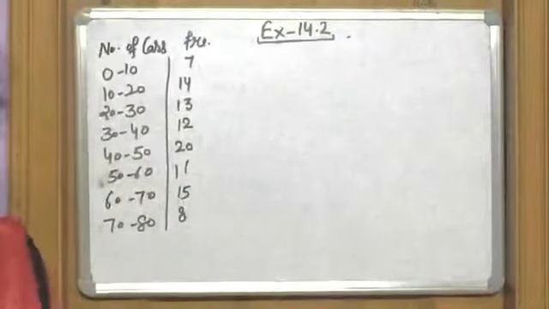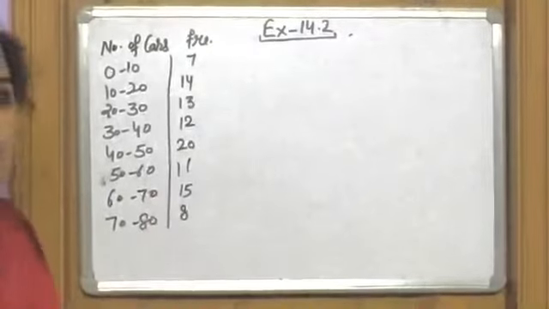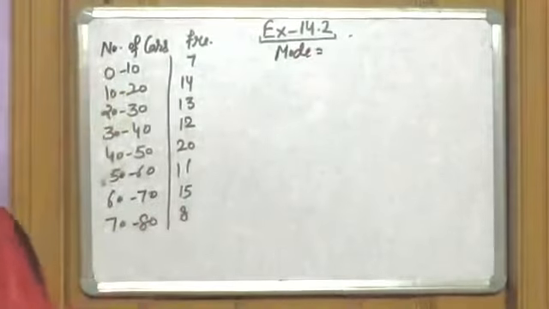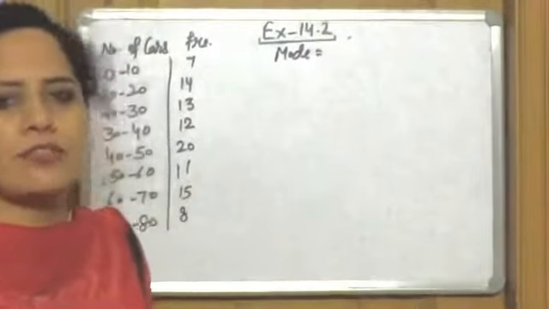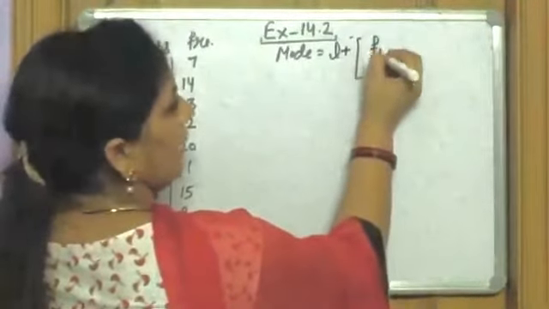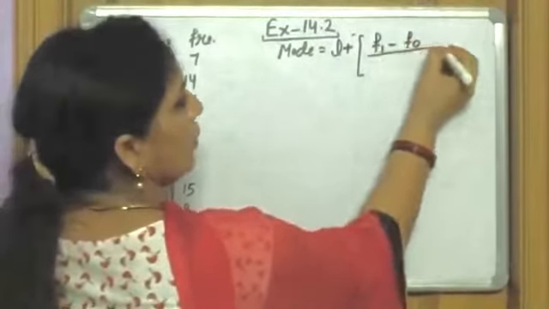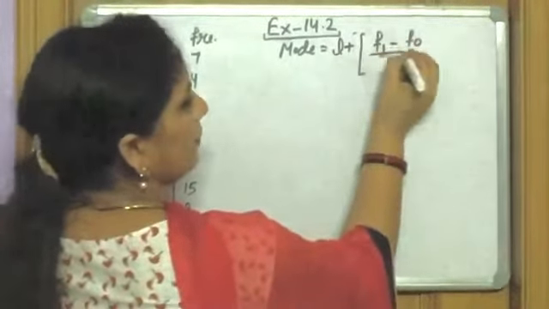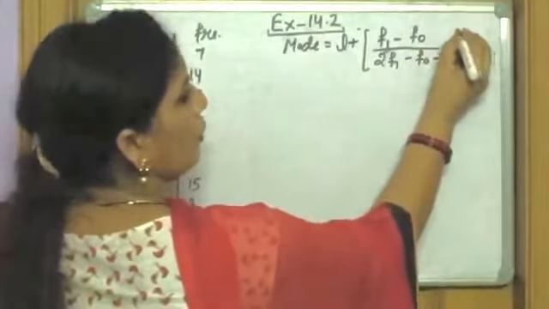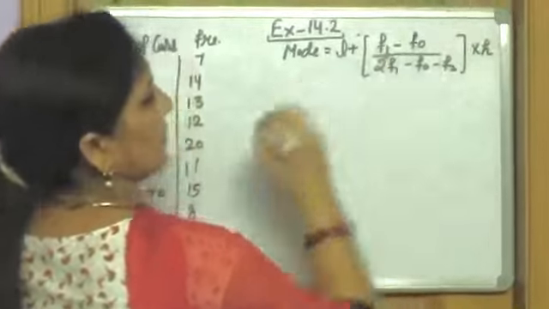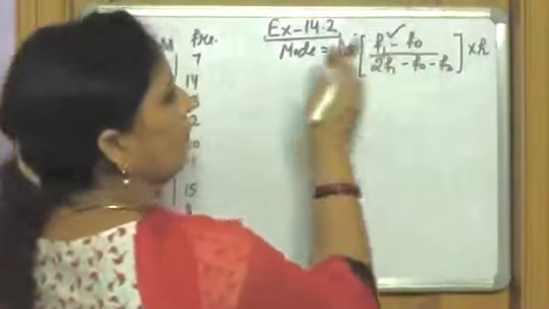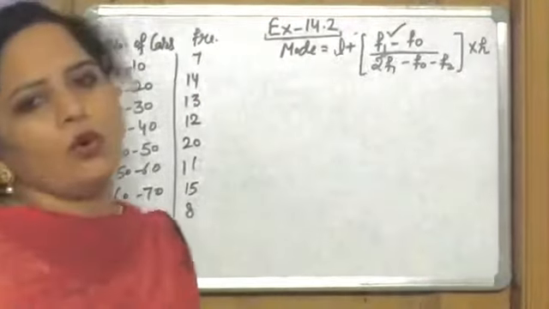We have to find the mode of this grouped data, and we have the same formula. To find the mean we have 3 formulas, but to find the mode we have just one formula, which is L plus, in bracket, F1 minus F0, in the denominator 2F1 minus F0 minus F2, multiplied by H. So first of all, find the value of F1, because our complete question depends on the value of F1.